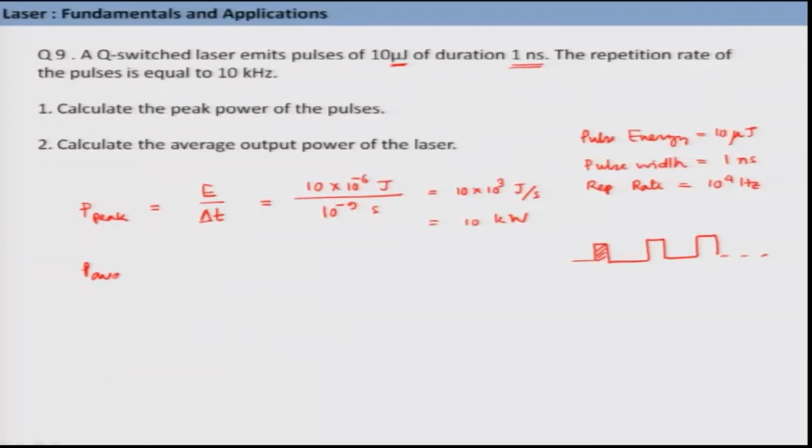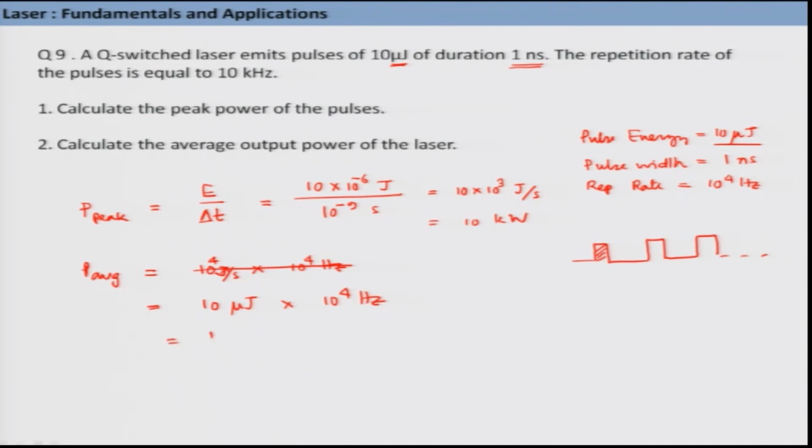So, P average is equal to pulse energy multiplied by the repetition rate, that is 10 to the power 4 hertz. So, we have to take the pulse energy which is given here, sorry for the mistake. So, essentially it is 10 microjoule multiplied by the rep rate.